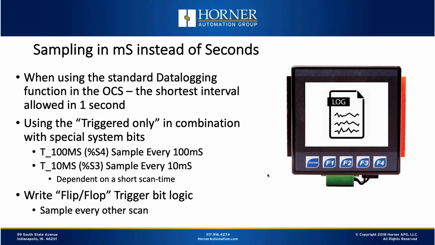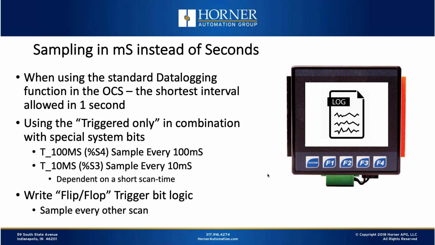So every 100 milliseconds, that bit will go from off to on. Another similar bit is called T10 milliseconds. That's S3, and that turns on and off every 10 milliseconds. Now, I will say this, for a lot of applications, you're probably going to be pushing the envelope to be able to really use S3 because maybe the regular scan rate in your controller is 7 or 8 or 9 milliseconds.